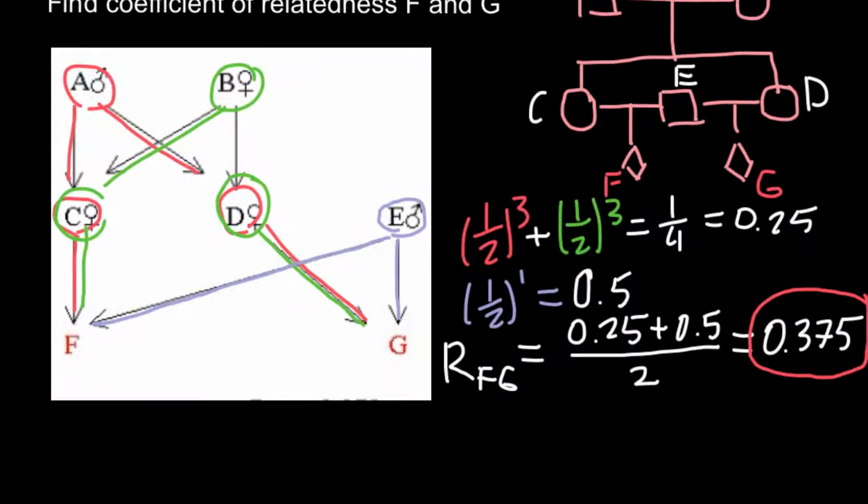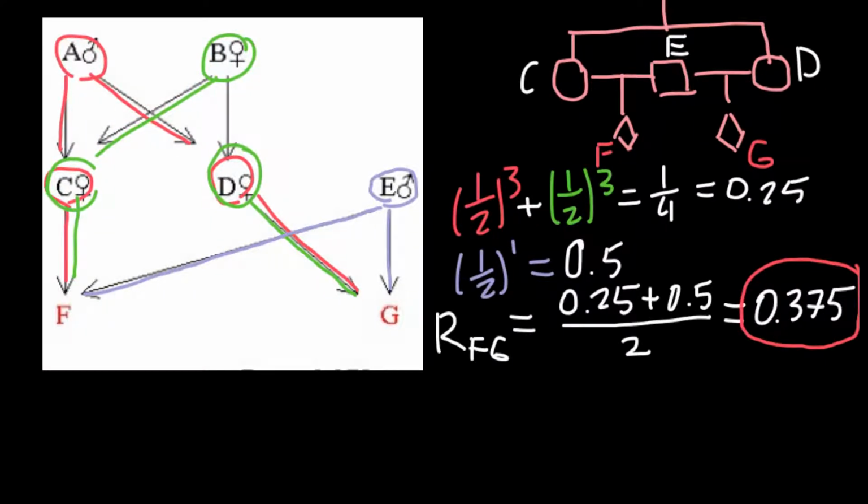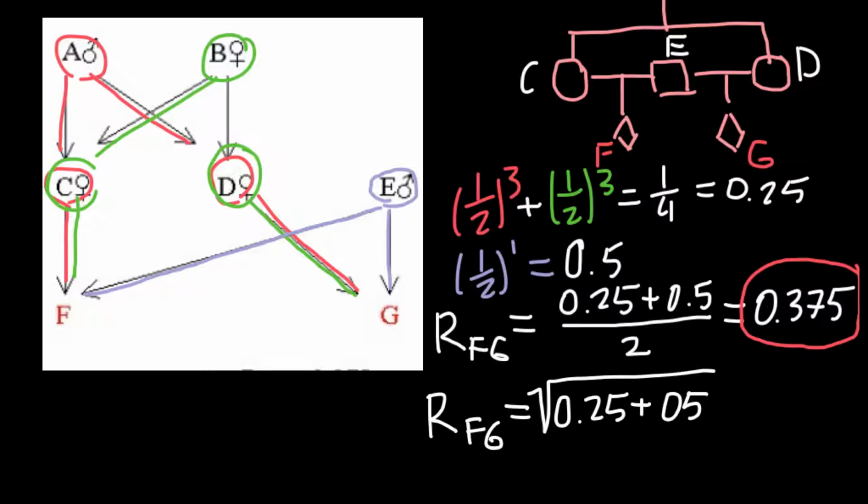But there is also another method for doing our calculations. It is called the geometrical method. In this case we would have R FG equal to the product of two numbers, 0.25 and 0.5, and we have to take a root of these numbers because we have two numbers here, so we would have a square root.